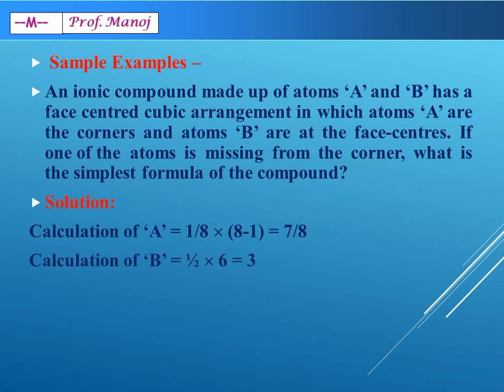Calculation of B goes straightforward. Half into 6 is 3. So the formula now becomes A is 7 upon 8 and B is 3. Clearing the fraction, that is multiplying throughout by 8, we get an answer A7 B24. You obviously cannot leave 7 upon 8 as number of atoms.